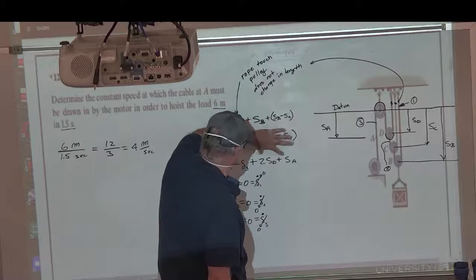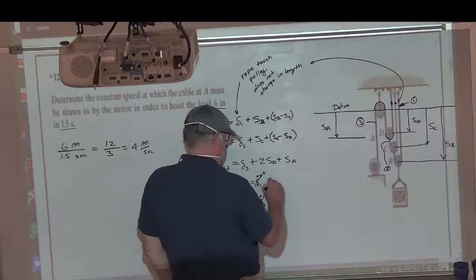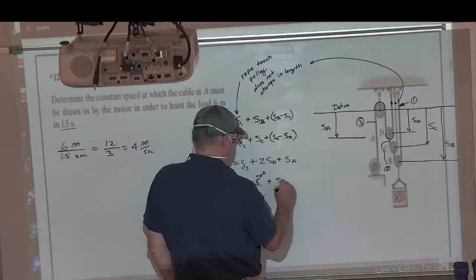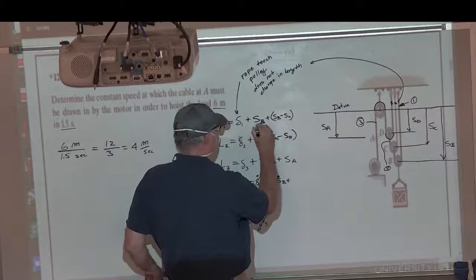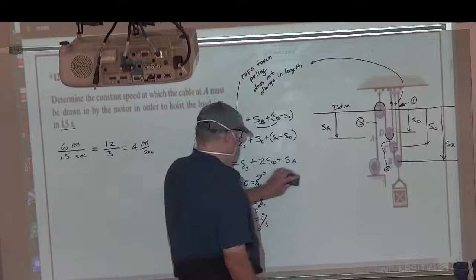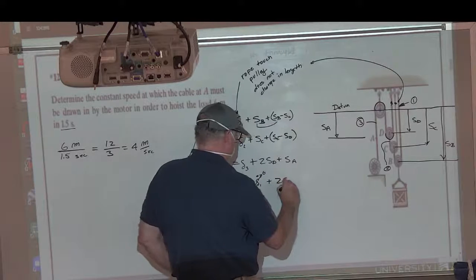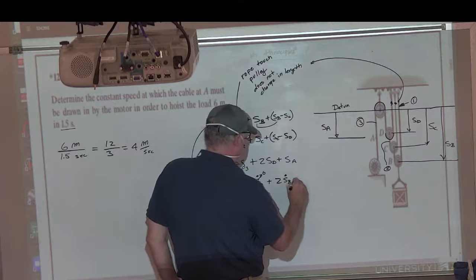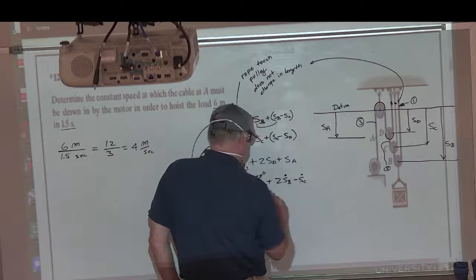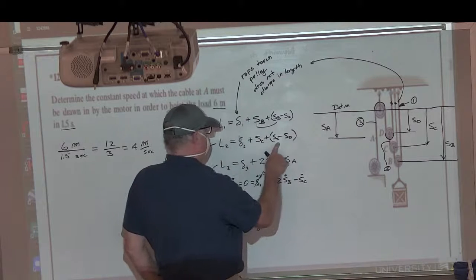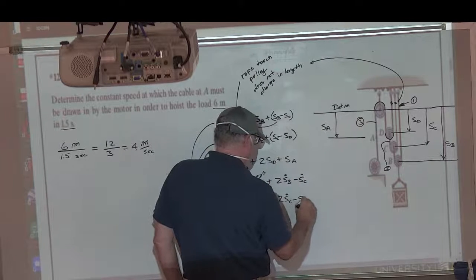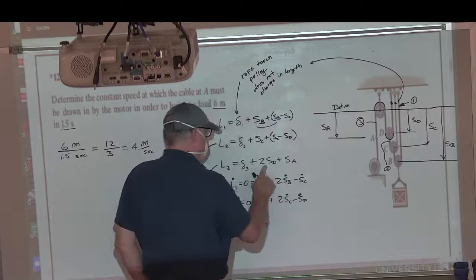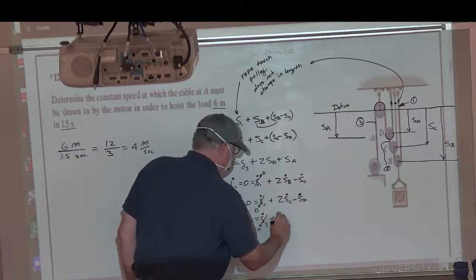These, however, all these terms do change in length. So we have SB dot plus, and I might as well put these two together, 2SB dot minus SC dot plus this one and this one go together, and then this one's just by itself.